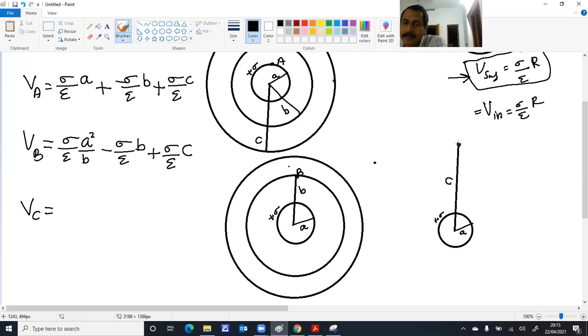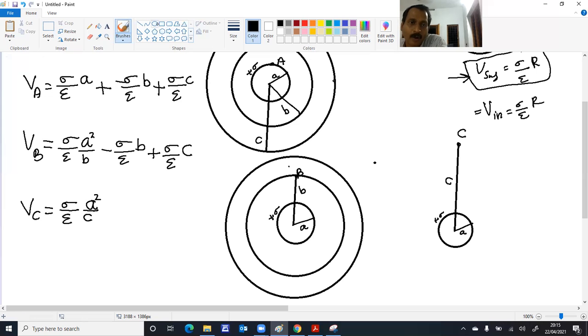I want potential on C. So this point's contribution because of A will be inside, outside, or on the sphere? Outside the sphere. What do you do? Sigma A square, because A is the sphere contributing, right? Yes, sir. And by the distance C.